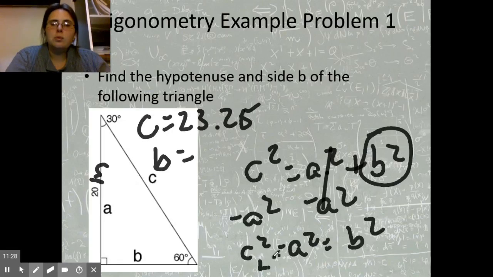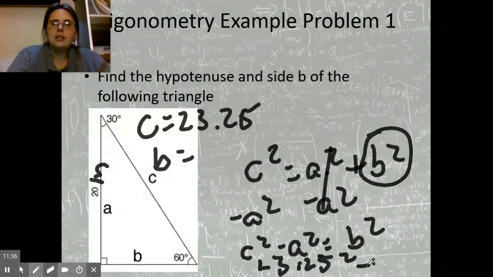So then we have 23.25 squared minus 20 squared.